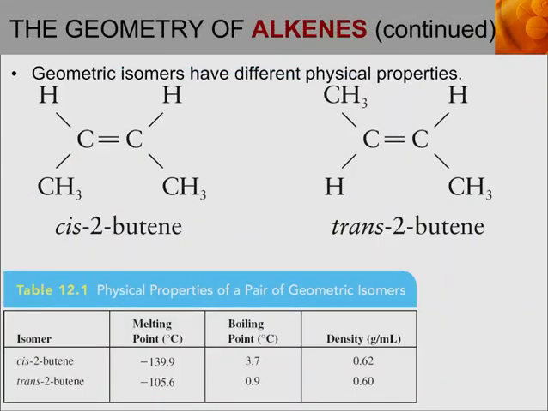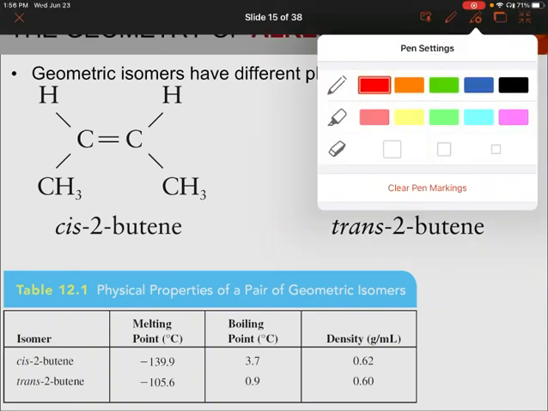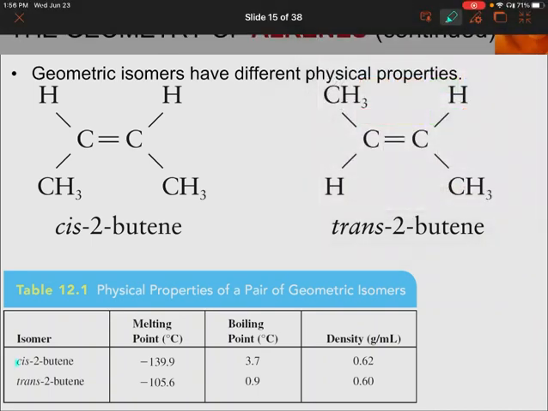Now, you might be wondering, does it even matter where those methyl groups are? If they're on the same side or the opposite side, it still kind of looks the same, right? But these geometric isomers, cis and trans 2-butene, do have different physical properties. For instance, down below, we can see in this table that cis 2-butene has a melting point of negative 139.9 and a boiling point of 3.7 degrees Celsius.